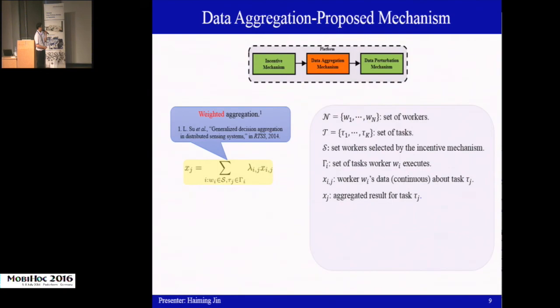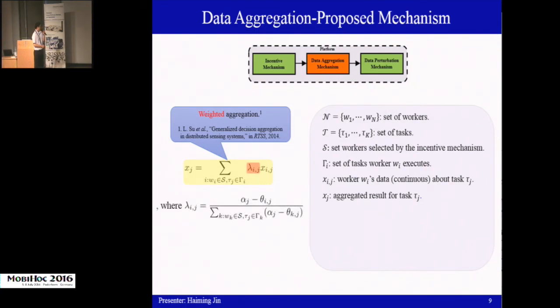The data aggregation mechanism is simply a weighted aggregation method, which is utilized in many state-of-the-art works, where lambda_ij is the weight of worker w_i on the calculation of the aggregated result of task tau_j.